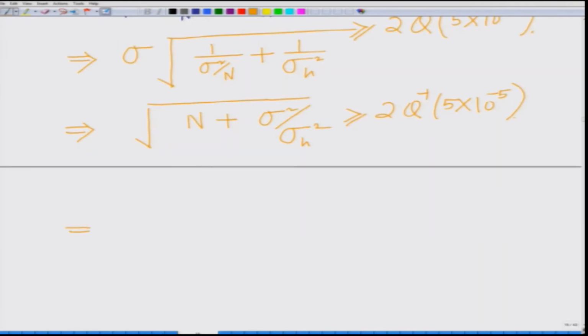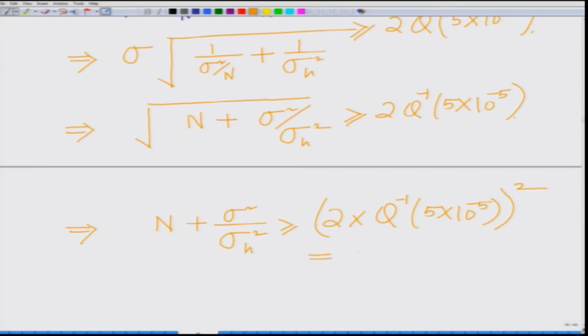This implies n plus sigma square divided by sigma h square is greater than or equal to the square of twice into Q inverse of 5 into 10 power minus 5.